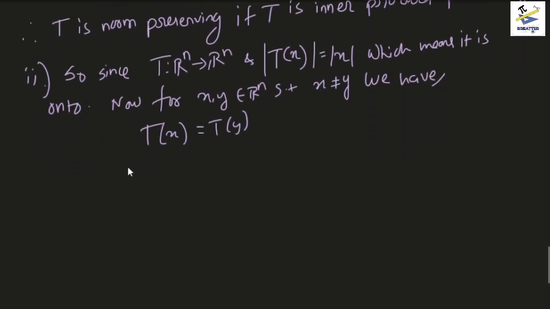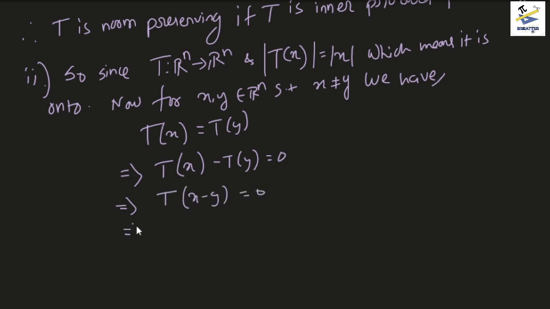This would mean T of x minus T of y equals 0. Since it is a linear operator, T of x minus y equals 0, which means the norm of T of x minus y is also 0, and this means the norm of x minus y is 0.